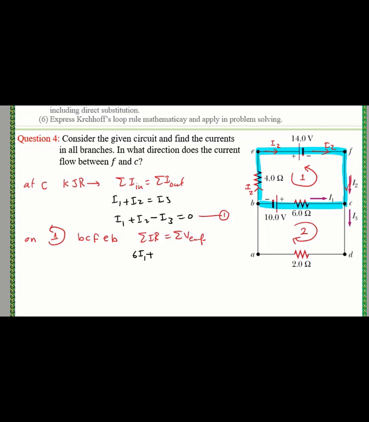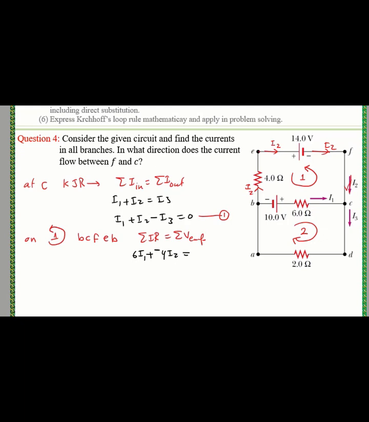Now if I am going from C to F to E to B, I2 is against me, opposite to me, so I must give it a minus sign, I2, and its resistance is 4. This is the resistance for I2. I'm going back to B, then equals.